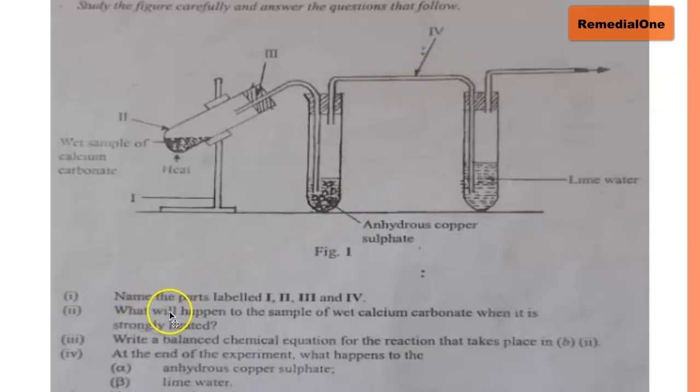What will happen to the sample of wet calcium carbonate when it is strongly heated? In fact, when this wet sample of calcium carbonate is strongly heated, two things will happen. The first one is that it will lose the water which is causing it to become wet.